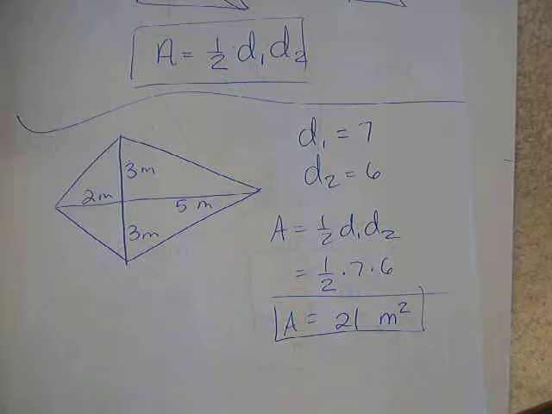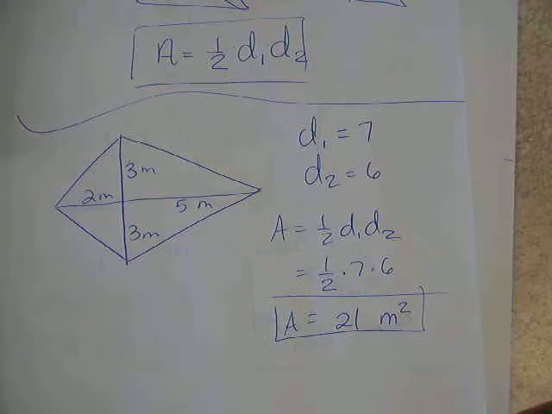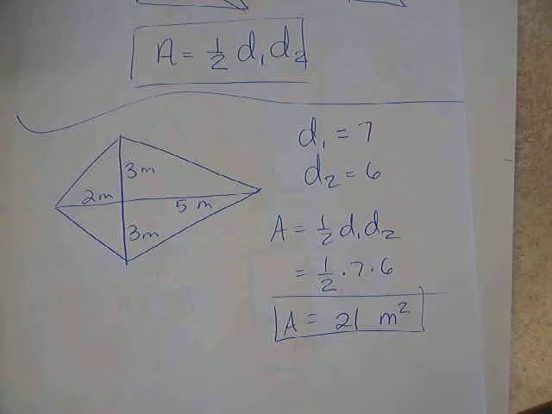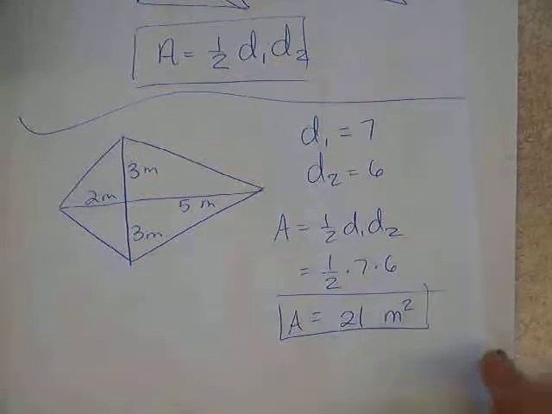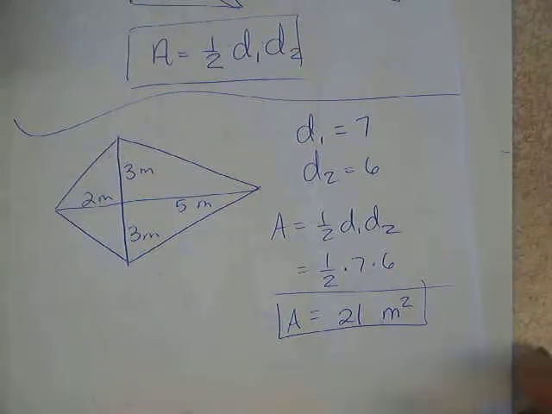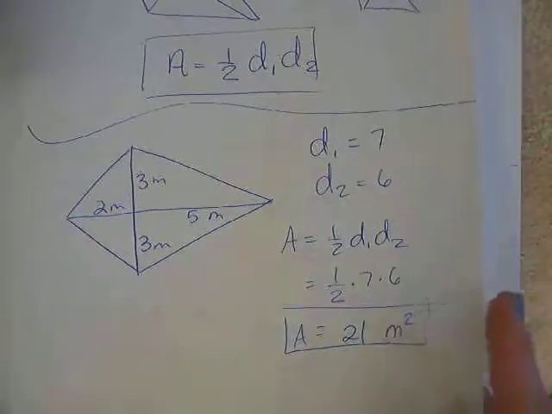You could either do half of 42, or if you think differently, some of you might do half of 6 and then multiply it by 7. But either way, you should be getting 21 square meters.